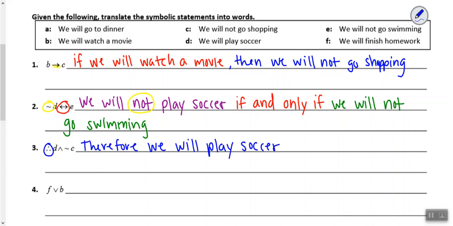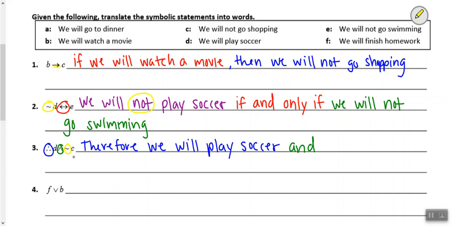Up arrow, that means and, because it kind of looks like the letter A. And not C. Right? Squiggly line means negate. So C already has the word not in it, right? We will not go swimming. So to negate something that already has the word not, we're going to take not out.